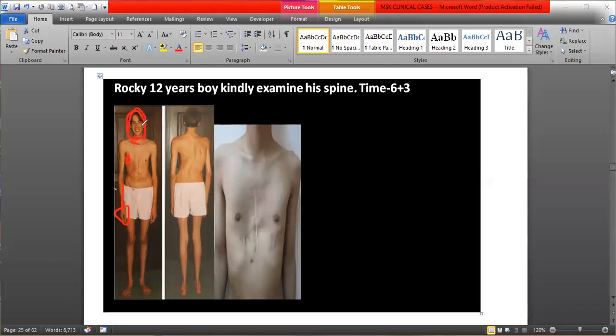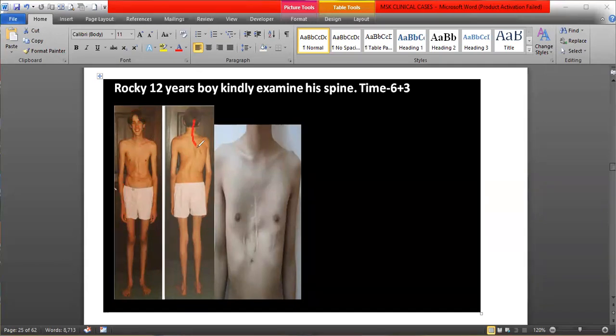After that, we'll ask the child to open the mouth and check the oral cavity, including the eyes. We'll check for any pallor. Some lens dislocation may be there, but that is sometimes difficult to see without an instrument. After that, we'll check the back.